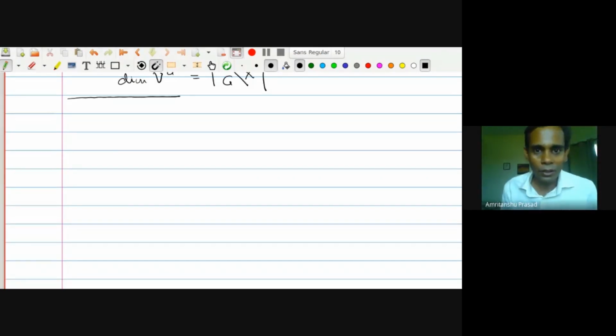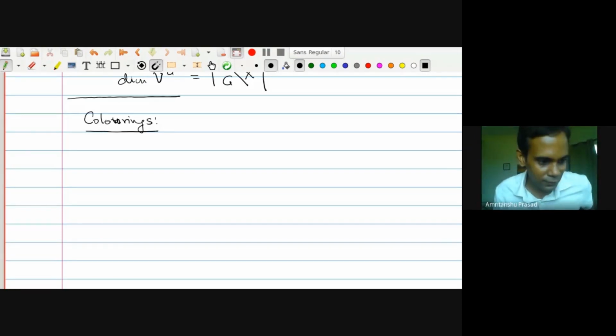Okay, now I'll talk about colorings. This is a very simple notion of colorings. Many of you are interested in graph theory, and you would look at much more complicated things. But for me, a coloring of a set X is just a function. So C is a set of colors.